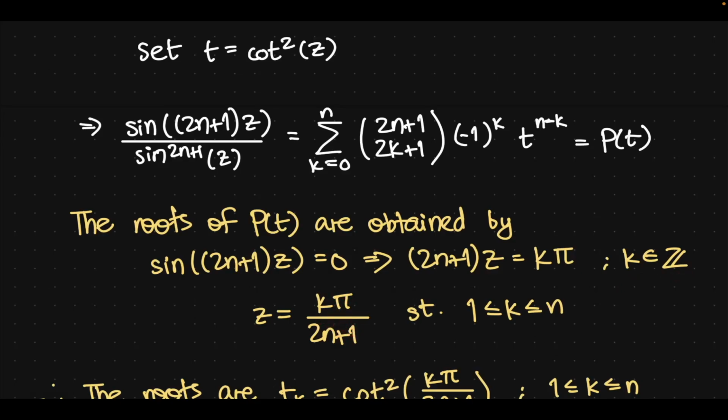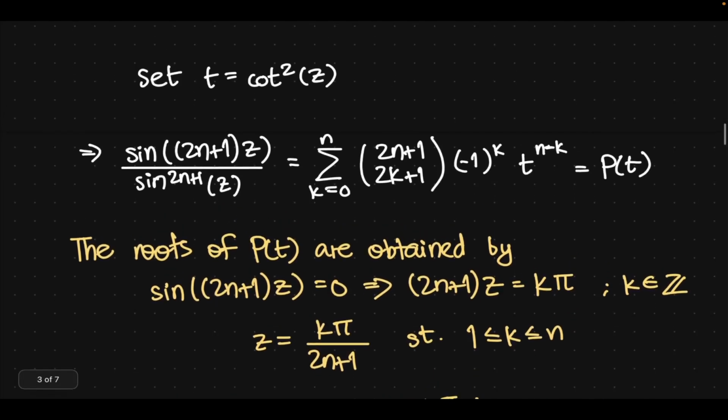And now I'm quoting the fundamental theorem of algebra: the polynomial has n roots because it has degree n. So k can only take n values, because k is the only thing that's actually changing. 2n+1 is fixed, and pi is fixed. So 1 is less than or equal to k, less than or equal to n, where k is an integer.